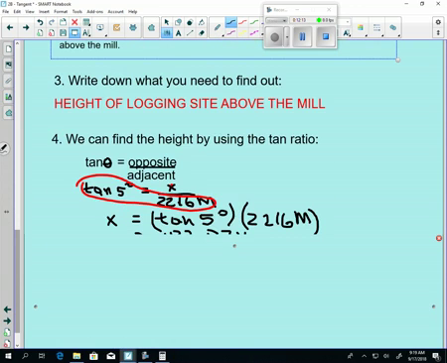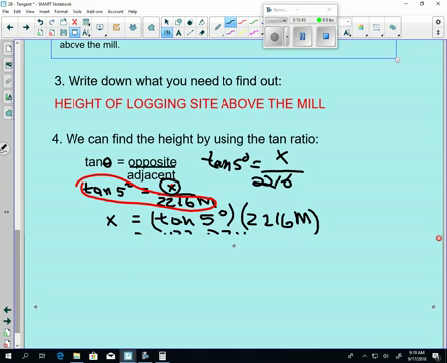Tangent of the angle is opposite over adjacent, O over A. Tan of 5 degrees is equal to, we don't know what the opposite side is, we put an X. We do know what the adjacent side is. They tell us it's 2216.